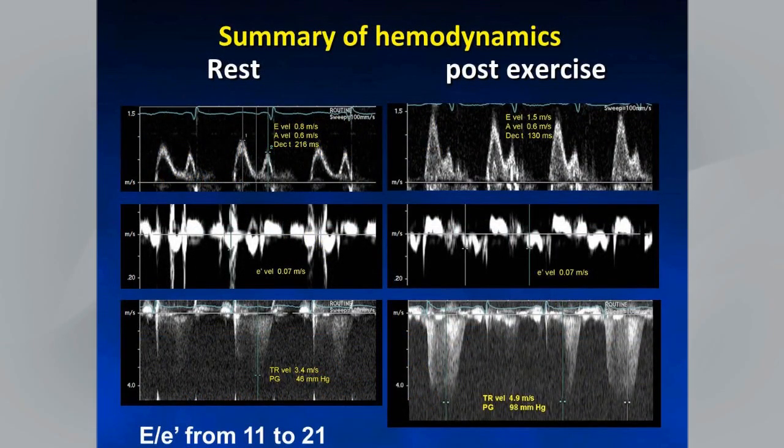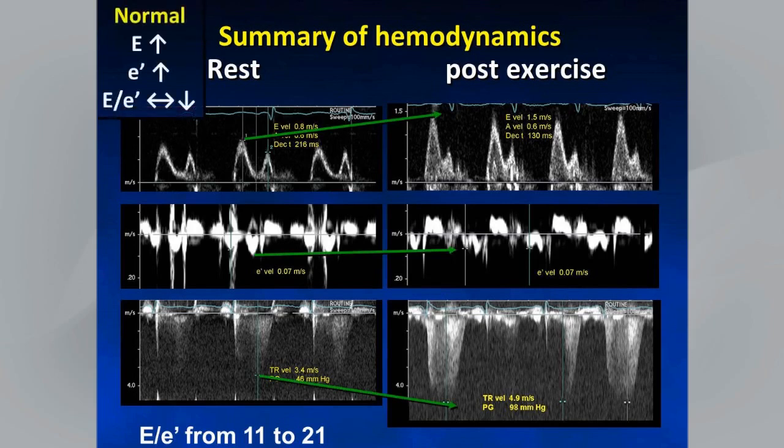However, with the exercise test, we measured her tricuspid regurgitation velocity and the E to E prime ratio, and it becomes straightforward here. The E to E prime ratio increased from 11 to 21, and you can see that there is clearly an abnormal response. Whereas a normal patient will increase their E velocity, they also increase the E prime velocity, and therefore the ratio doesn't change.